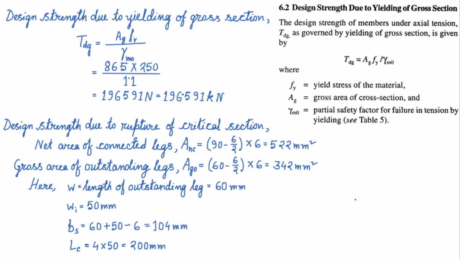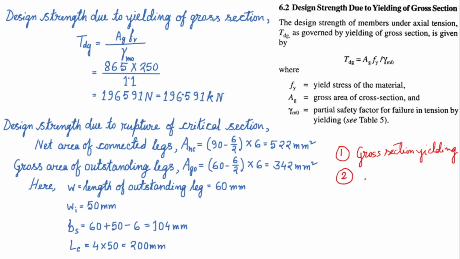According to the question, we have to calculate the design strength of the angle, that is the design tensile strength. To calculate it, we have to calculate 3 strengths of the angle. The first one is gross section yielding, that means the design strength of the angle due to yielding of gross section.